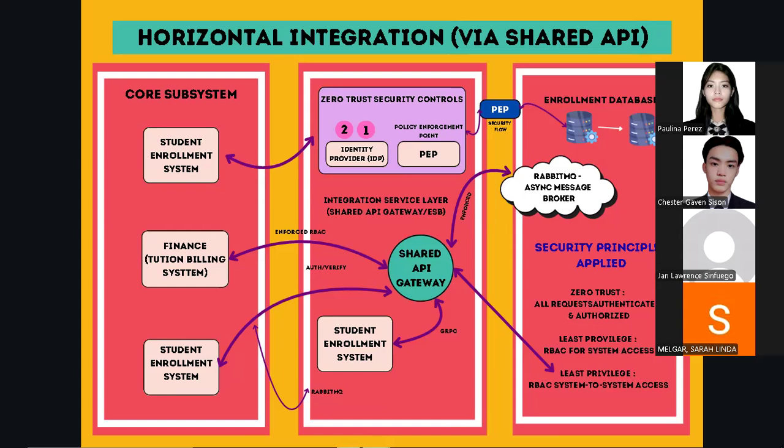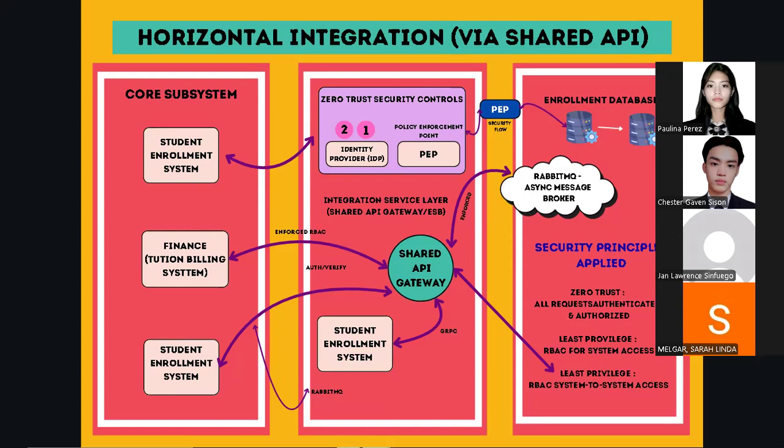By applying zero trust and least privilege, we greatly reduce the risk of unauthorized access or accidental damage. If one part of the system is attacked, the damage is still limited because attackers cannot move freely to other systems.